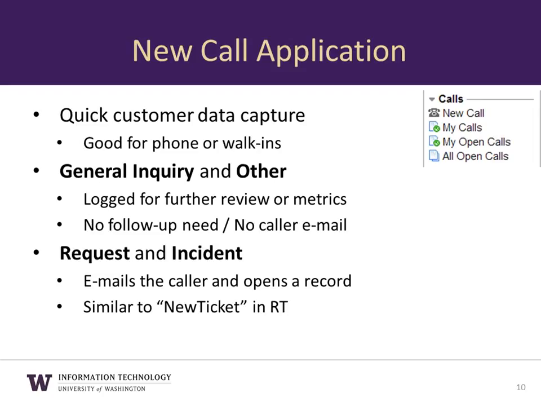If you generate a request or an incident, it will email the customer, and then there's the obligation that we will actually follow up with them and resolve that request or incident. Does that make sense? In this particular scenario, what we're going to do is actually log something as general inquiry for our own purposes, and then transfer it to a request record or an incident record so you can see what the workflow looks like.